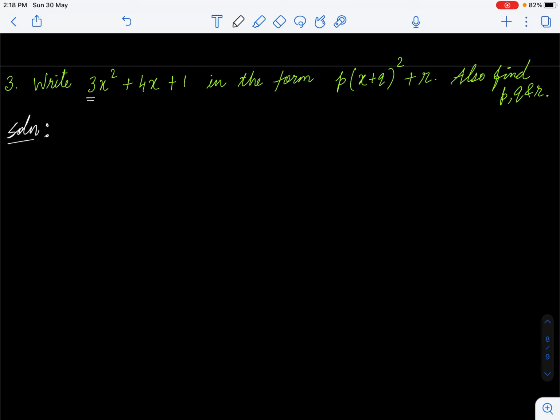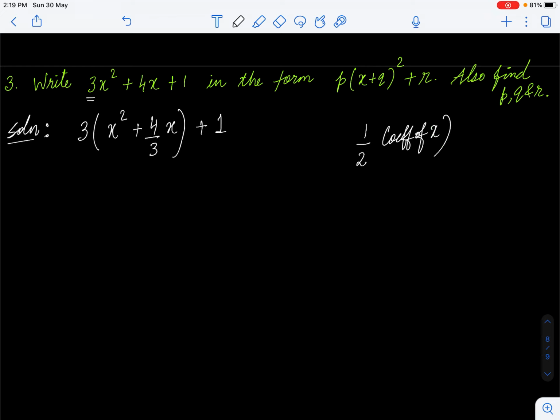Now we have 3 here instead of 1. So we will take 3 out. So what's left now? We have to write x square plus 4 over 3 x plus 1. I will keep as it is. I will make no changes in this. Okay. So next step is finding this value, half coefficient of x.